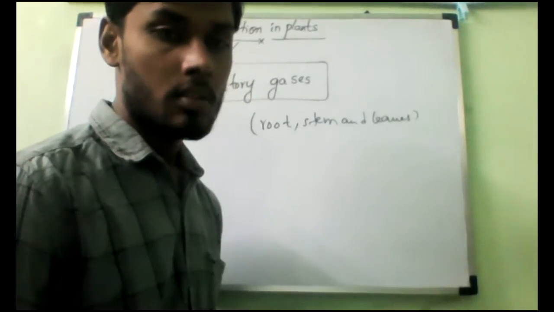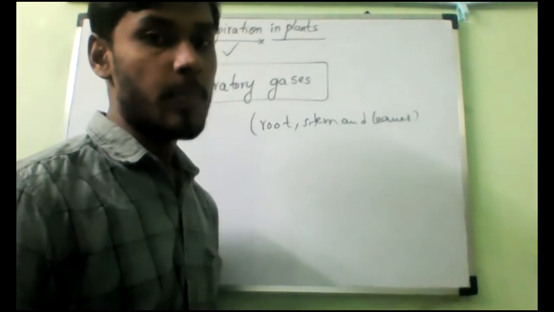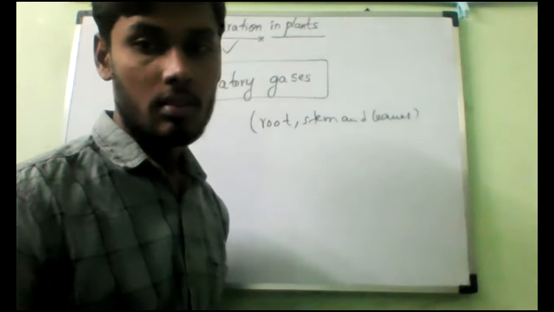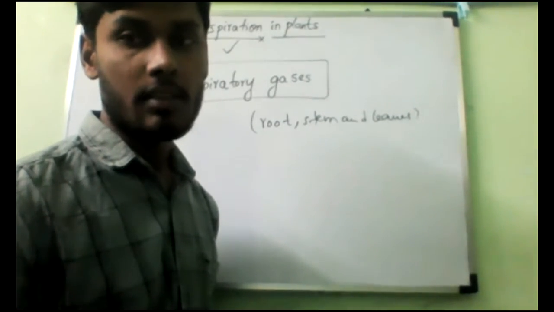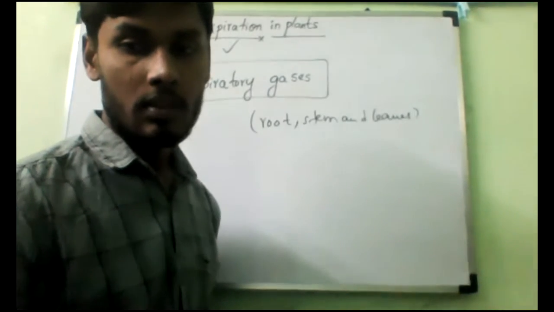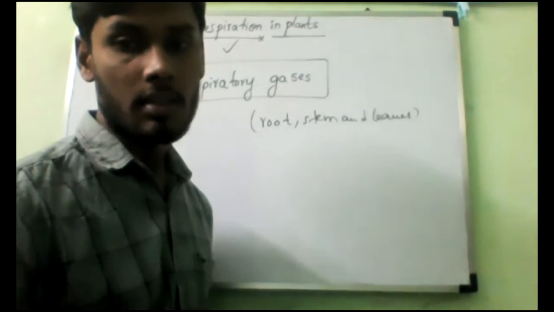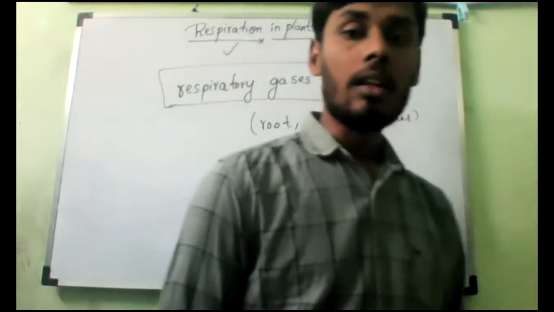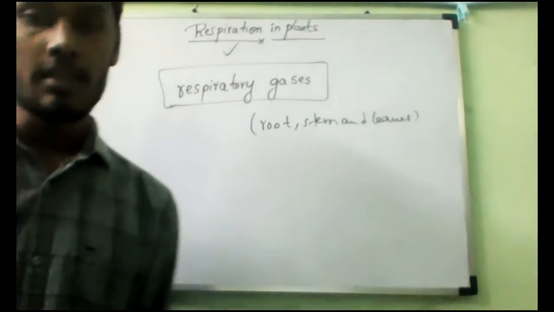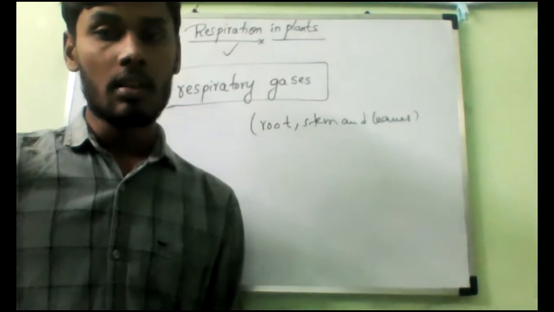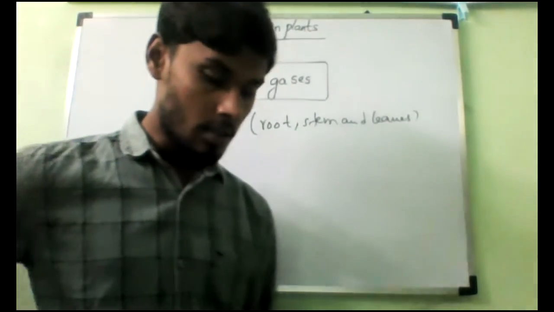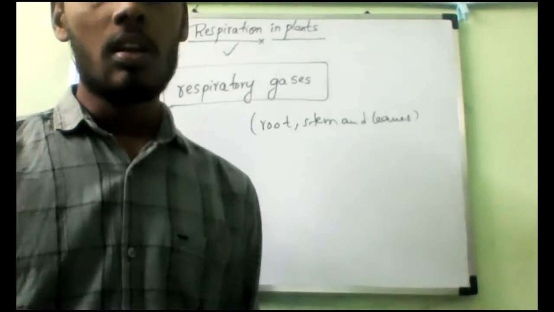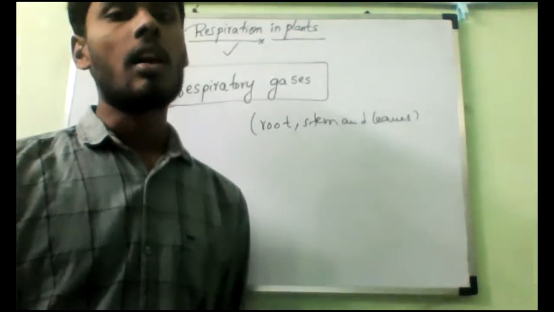Next, third one. The respiration in plants occurs at a slow rate, but in animals it occurs at a much faster rate.